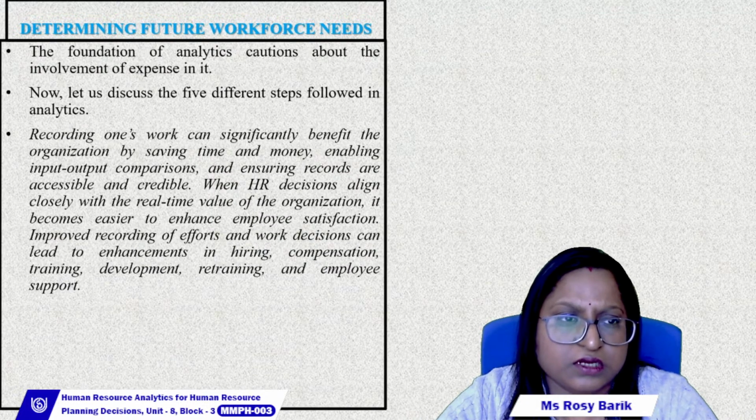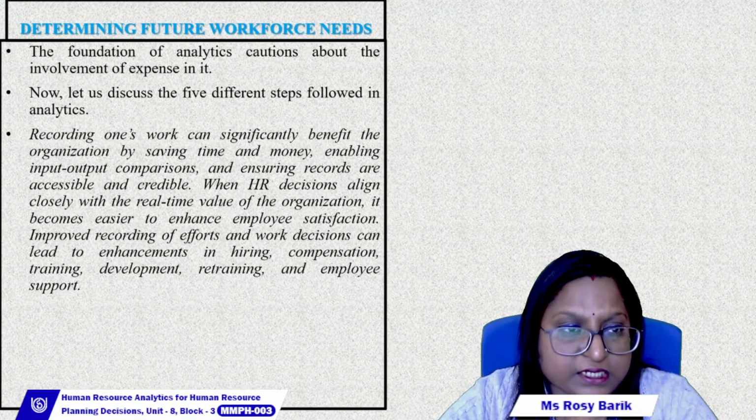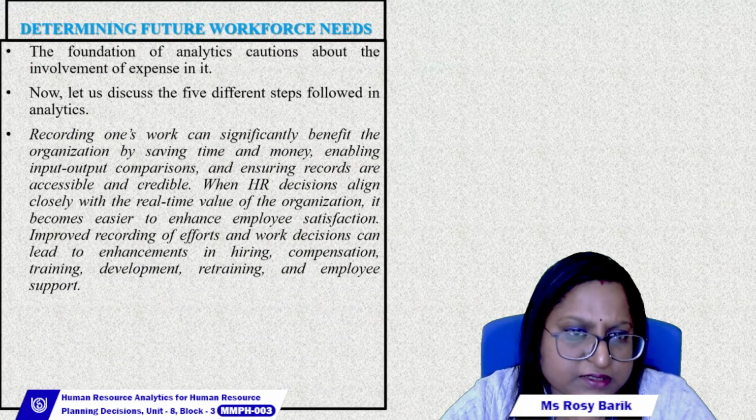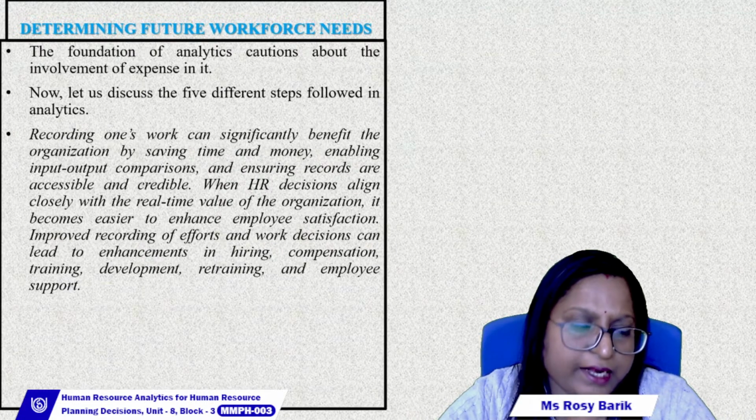Recording one's work can significantly benefit the organization by saving time and money. It enables input-output comparisons and ensures records are accessible and credible.